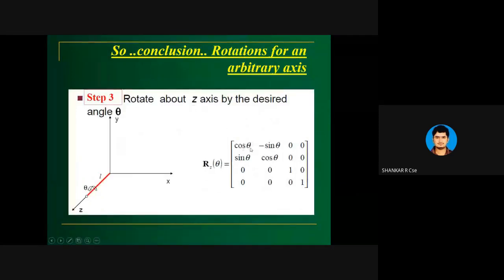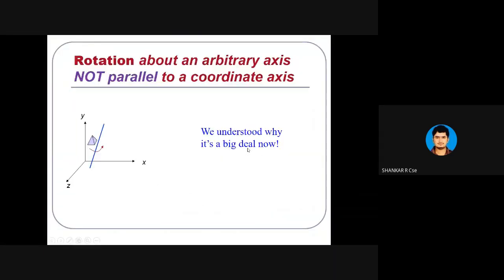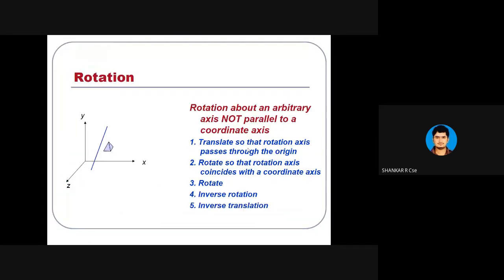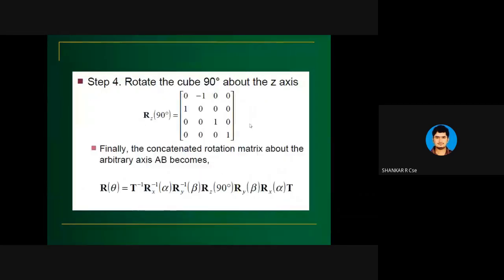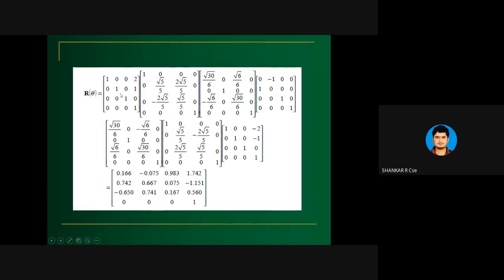First one is cos. Cos 90 is, sorry, 0. Sine 90 is 1, so minus sine 90 is minus 1. And sine 90 is 1, cos 90 is 0. This is the formula for 90 degrees. Now, apply it in the last formula.